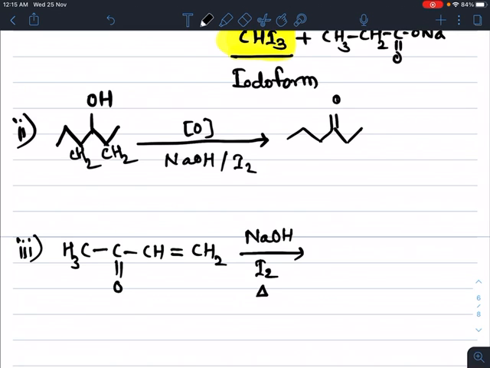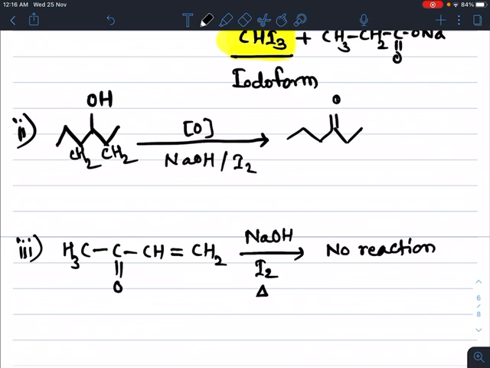Now remember, if the compound contains a CH3CO group, but there is also a carbon-carbon double bond in the same ketone, then this compound does not undergo the haloform reaction. So no haloform reaction is shown.